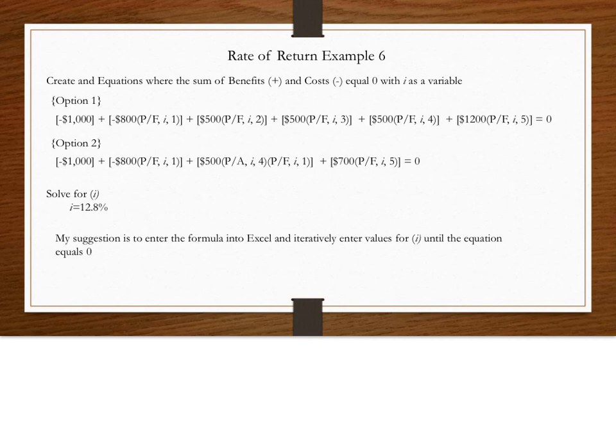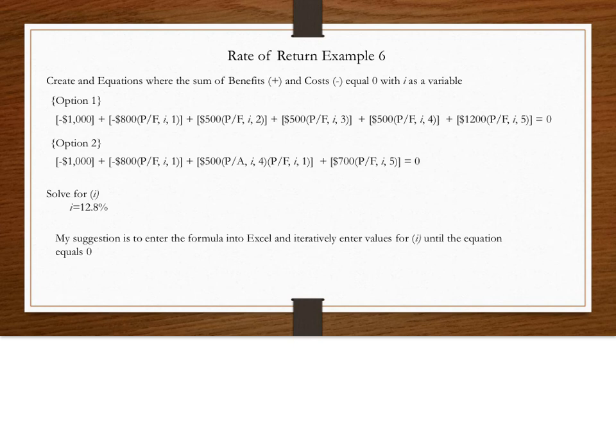So we have to take it a step further and do this part of the equation, which converts that value as a future worth from year 1 to a present worth. It is also important to know that the $1,200 at year 5 has $500 subtracted from it. So we're left with a $700 future worth at year 5 that we need to convert.